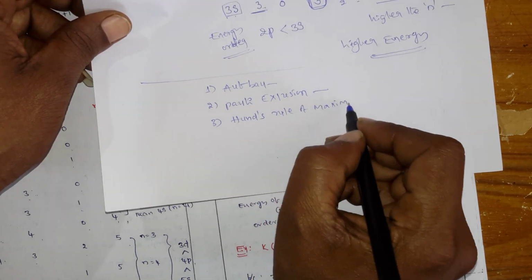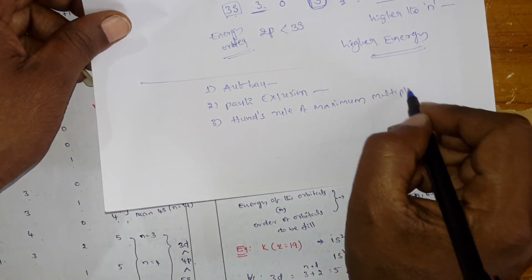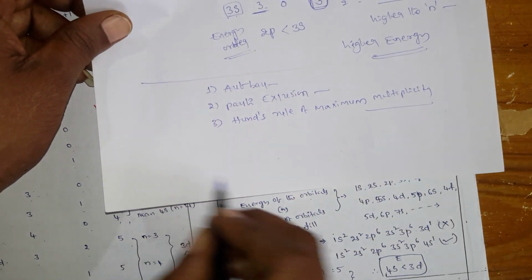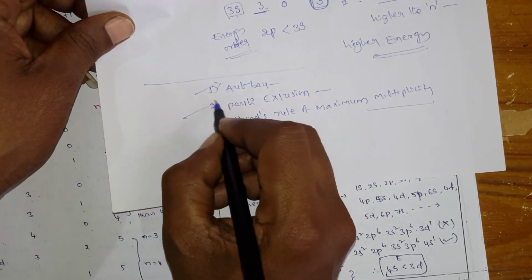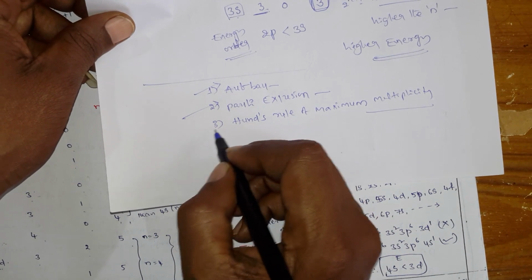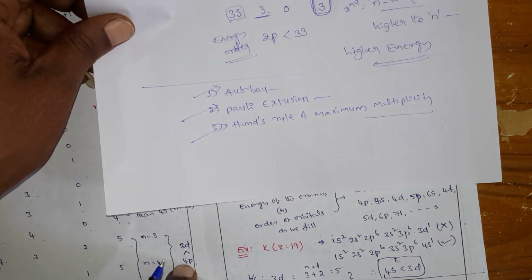So these three rules you have to follow. First the Aufbau principle, second the Pauli exclusion principle, and third Hund's rule of maximum multiplicity.